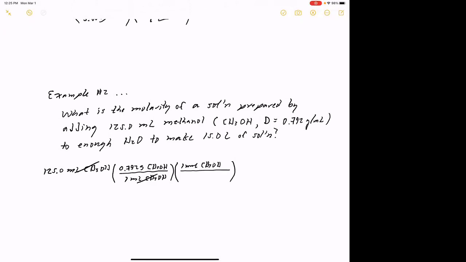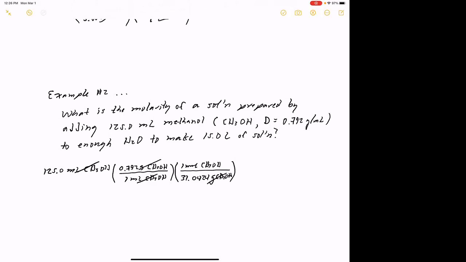Or in my case, I would probably just go look it up, but hey. And that turns out to be 31.0424. And that's going to be grams of CH3OH contained in 1 mole of it. Okay. So now notice that grams of methanol will cancel with grams of methanol, and I'm left with moles of methanol.